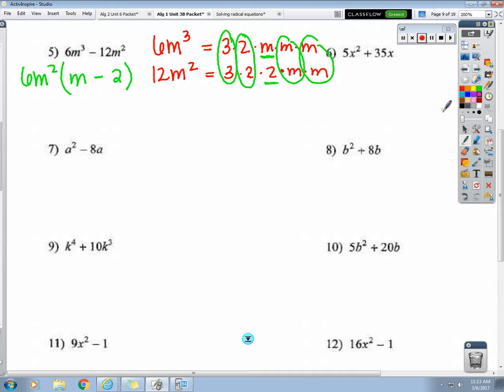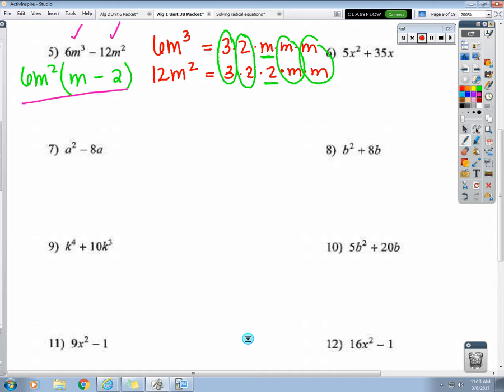And then you can quickly check it by just distributing it in your head. What's 6m squared times m? Right. What's 6m squared times negative 2? Negative 12m squared. Yeah, 3 times 2 is 6, m times m is m squared. So 6m squared comes out.